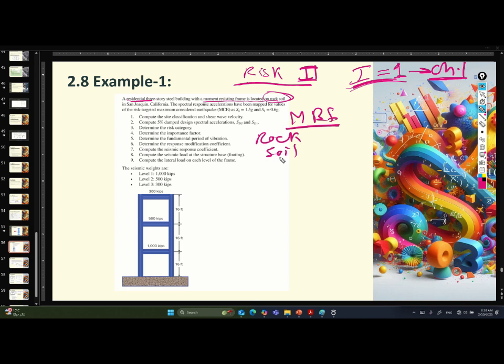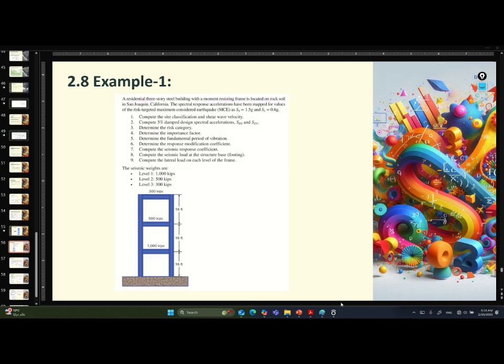So what is my site class? Let's go to chapter 20 and check it.